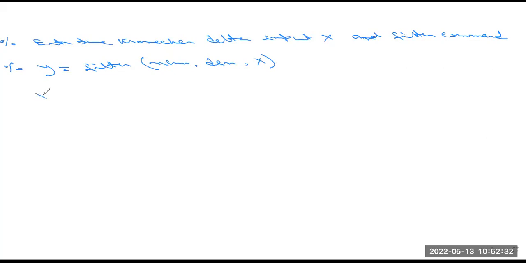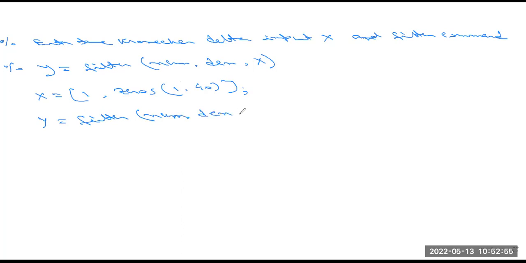So the function is x is equal to 1, zeros 1 to 40 divisions. Another one, y is equal to filter, numerator, denominator, and Kronecker delta input function. So this is basically one sample example for the computational method for the inverse Z transform.